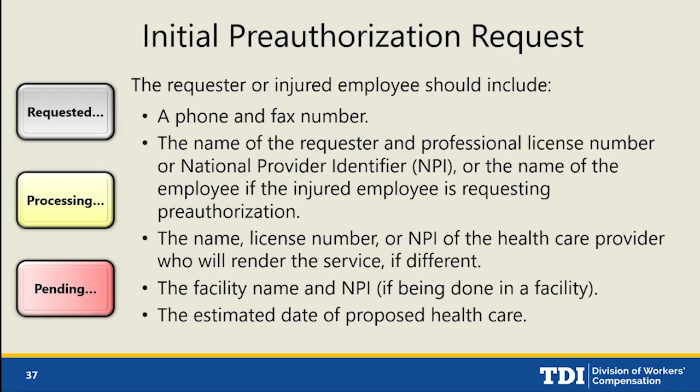Be sure to pay attention to the time frame that you've given, because you're kind of being held to that. If you say you're going to do it in the next 3 months and then you haven't done it, that pre-auth could expire. If you need more time to provide those services, extend the time frame with the utilization review agent if you can, because again, you need to hold to that estimated time frame.